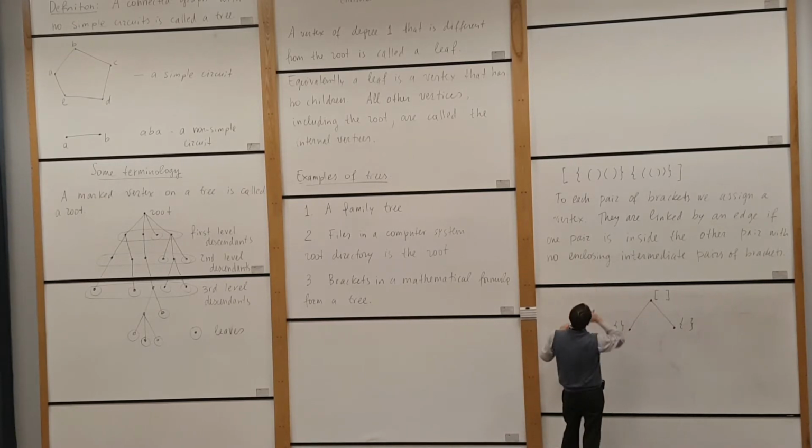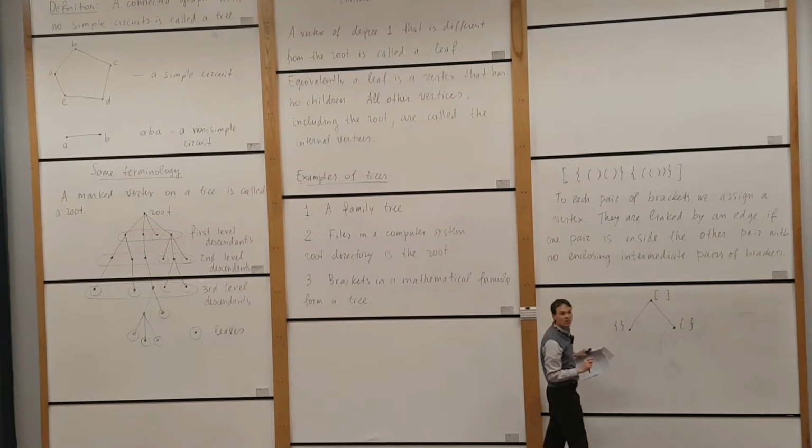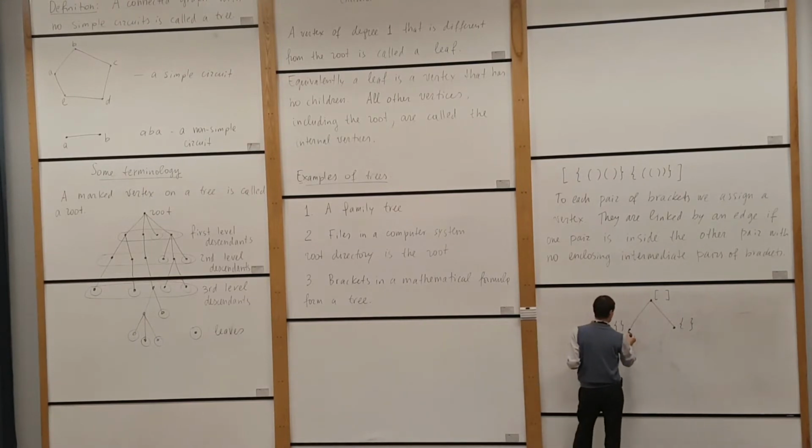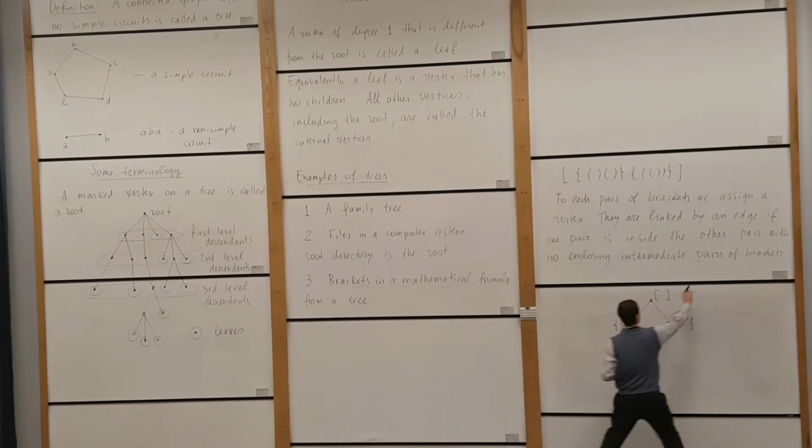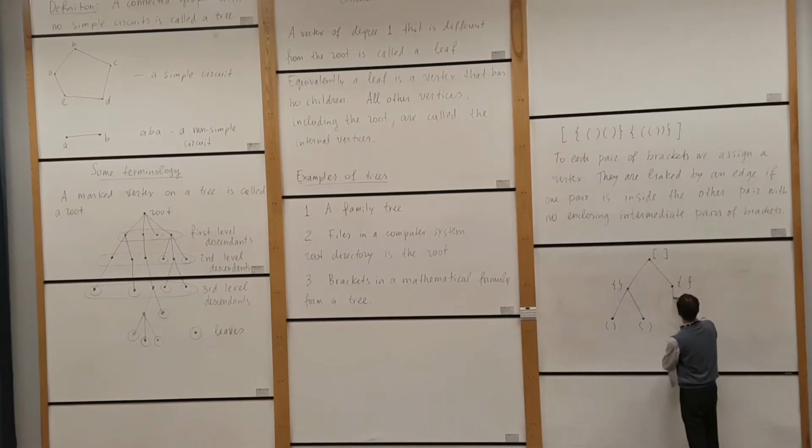Then the left pair of the curly brackets contains two pairs of the round brackets, so that gives me two more vertices in my tree. And the right pair of the curly brackets contains two pairs, but those are nested together, so they appear like this.